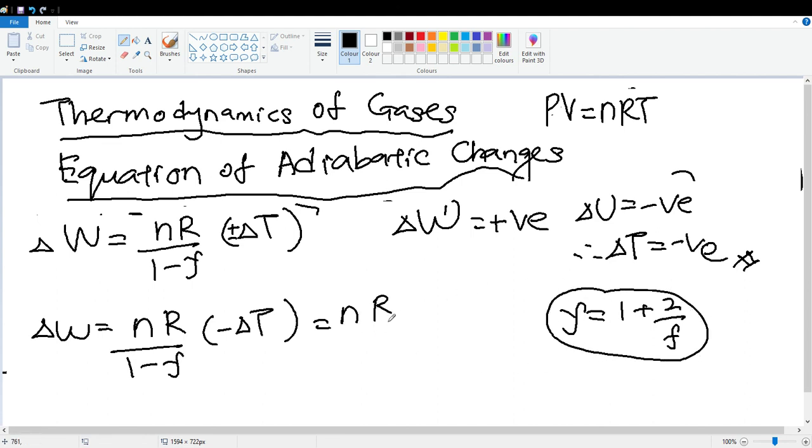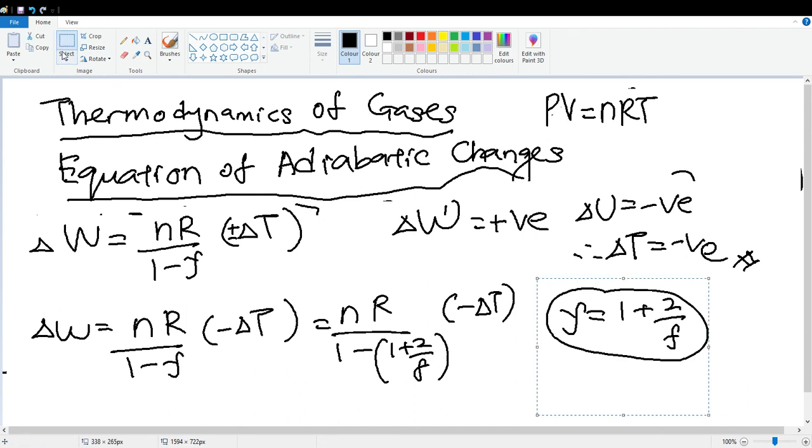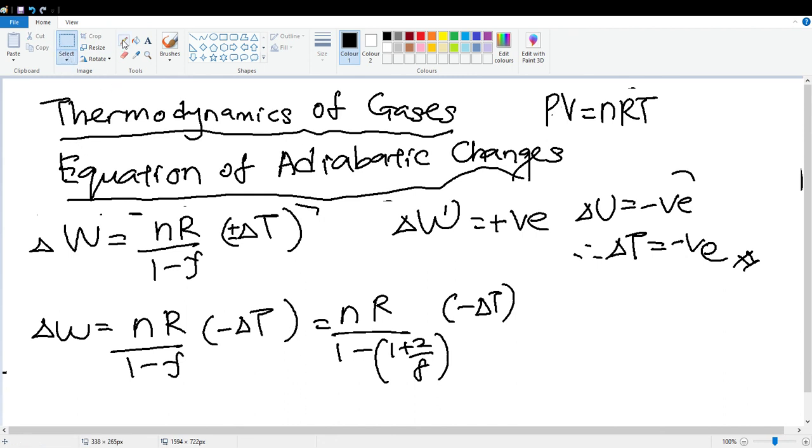So nR divided by 1 minus 1 plus 2 over F, and this is negative delta T. The 1 cancels, and 1 minus 1 is 0, so this is the division by 2 over F. If I move it to the upper part, what I get is F over 2 nR delta T. Oops, I forgot about the negative.